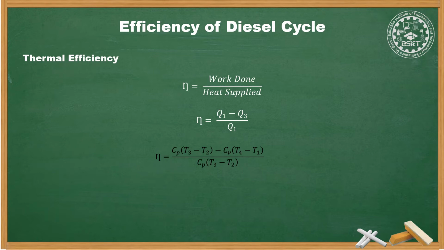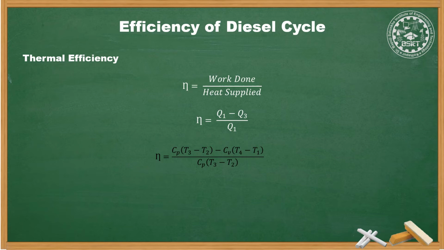Substituting the values of Q1 and Q2, we get efficiency equals Cp into (T3 minus T2) minus Cv into (T4 minus T1), upon Cp into (T3 minus T2). This is the efficiency equation for the diesel cycle.